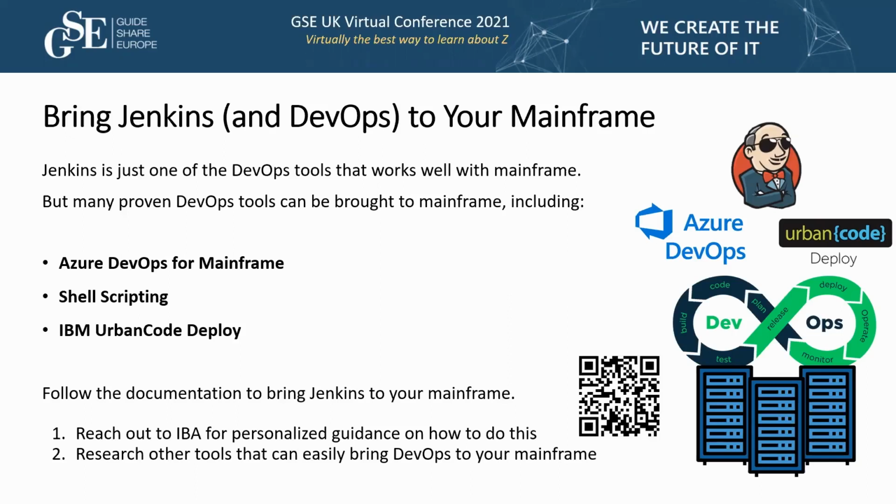At the same time, you will learn firsthand that the easiest and most reliable way to introduce DevOps practices to your mainframe is to simply identify existing and proven general purpose DevOps tools and find a way to use them in your environment.